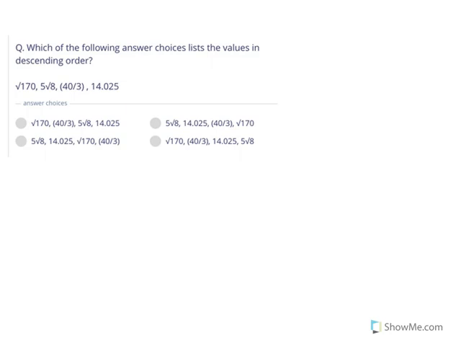Last question. Which of the values is in descending order? Descending order. So for this, I need to make them all decimals.